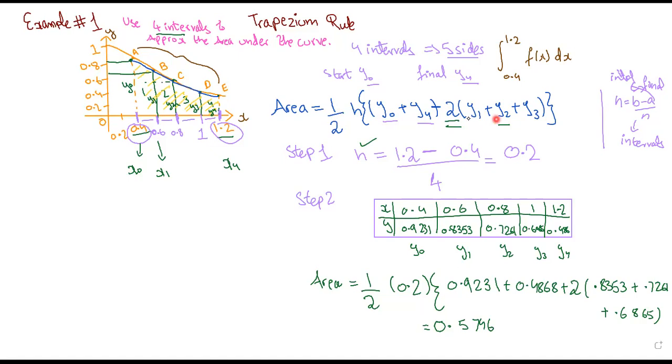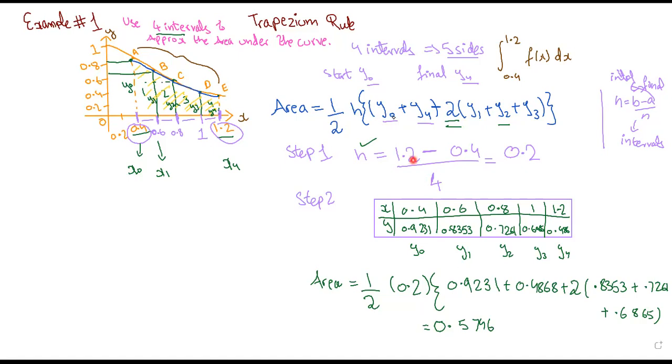The basic idea would be the same, but these y1, y2, y3s would be different. So you have to write down your area. Then you need to find out the h and these y's. For h, you will use the ending limit of the area, minus the initial limit of x for the area, and you will divide it by the number of intervals. So this is h, and this is the base of every trapezium. So this would come here.